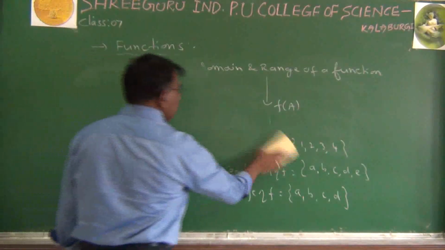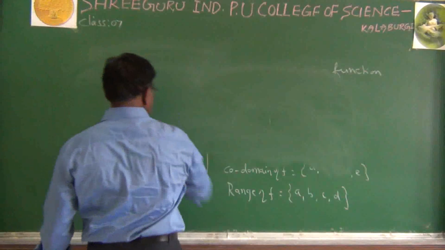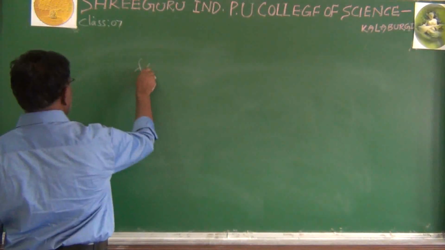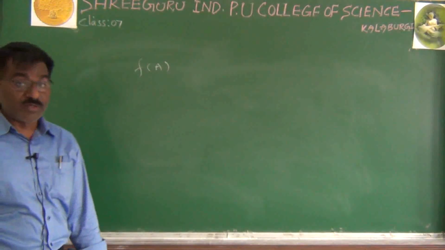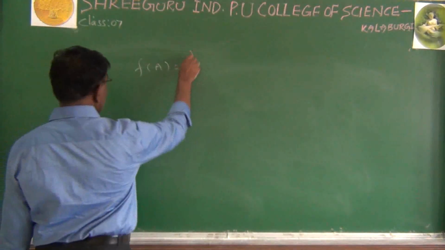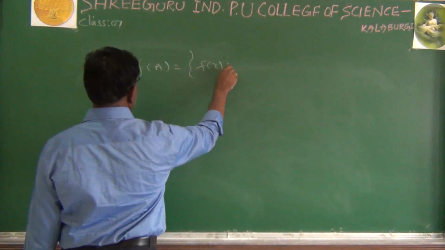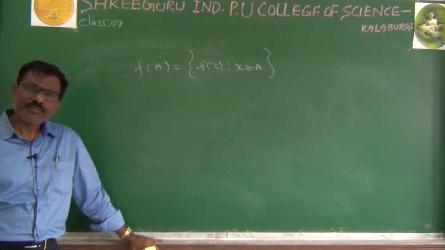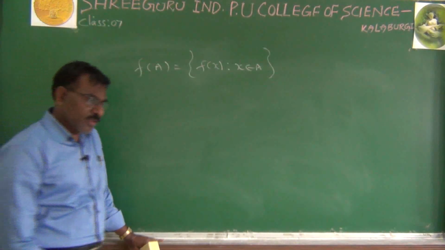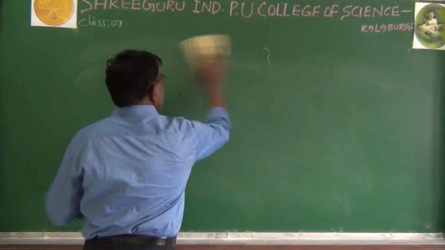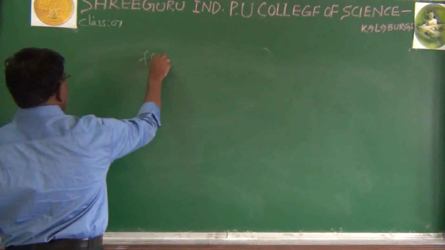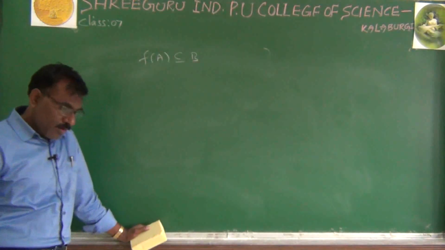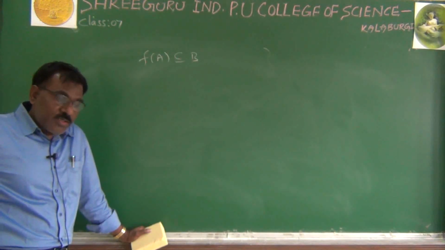Usually range is denoted by f of A. This is called the range of the function, equal to f of x such that x belongs to A. Even though f of A is called the range, it must be a subset of B. A range is a subset of B only.